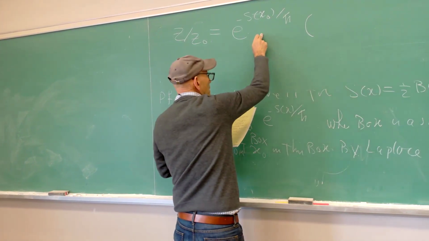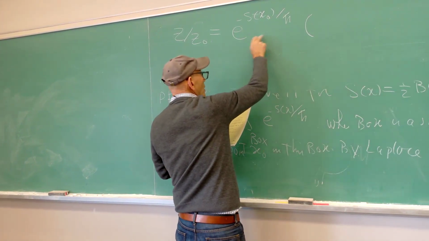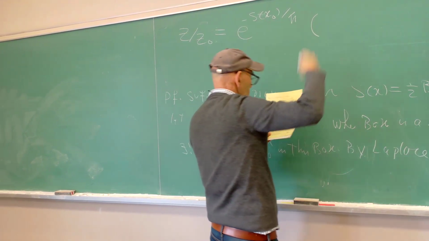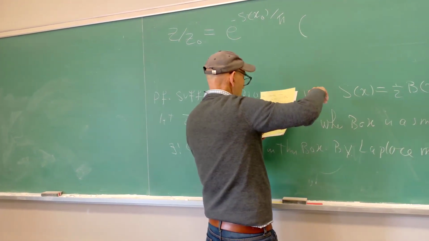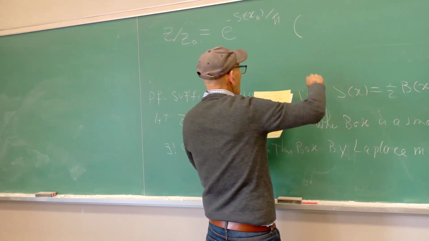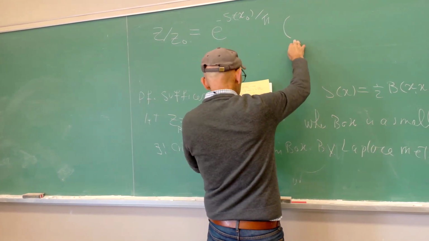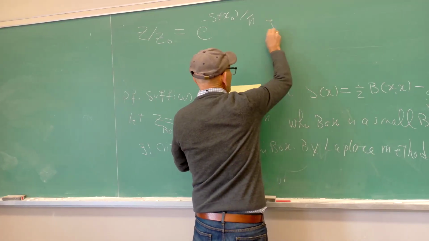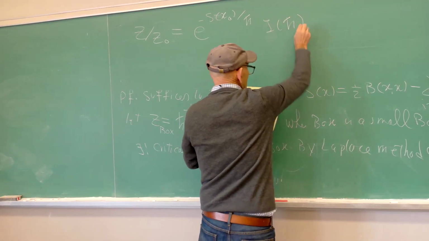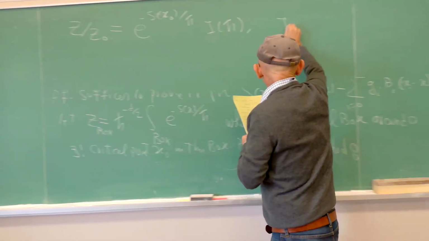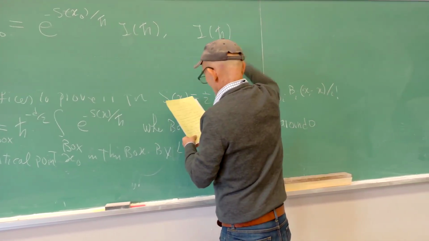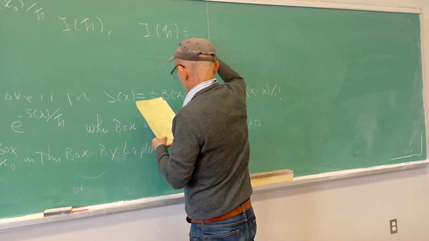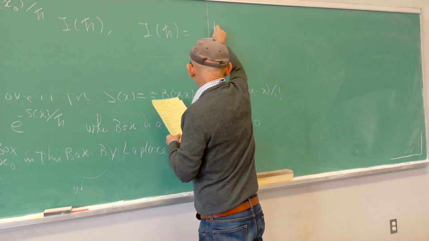This is the singular part for h bar going to 0; it blows up or goes down. And then times I of h, where I of h is the following expression. We know it is the determinant of b.